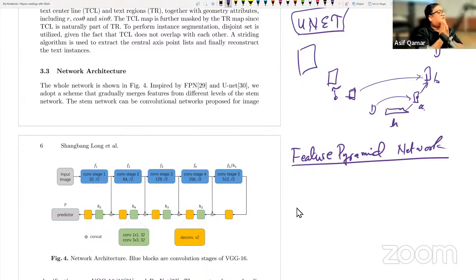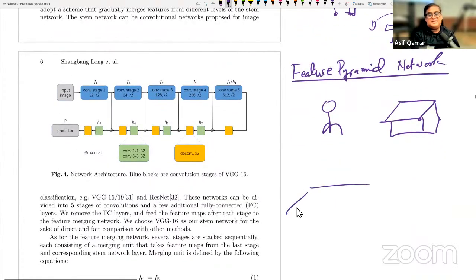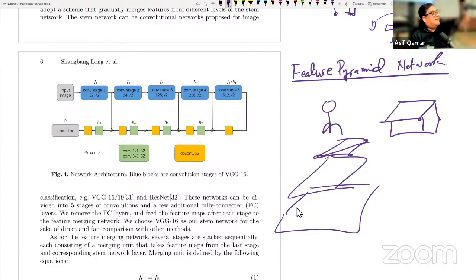Now what happens is, sometimes more information is there in the more global picture, right? So for example, to tell that something is a person versus a house, maybe all you need to know is this versus this, right? So when you create a feature pyramid, this is the intuition I carry in my mind. At each stage of the CNN, what does it do? It creates smaller and smaller feature maps. They contain more higher level abstractions.